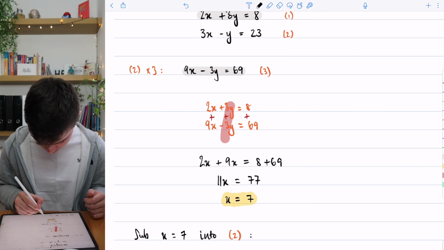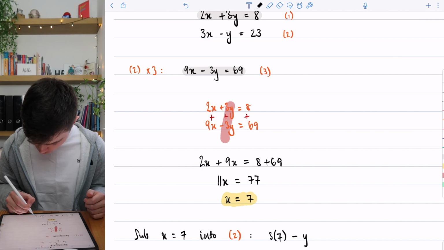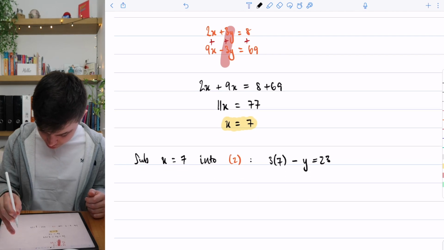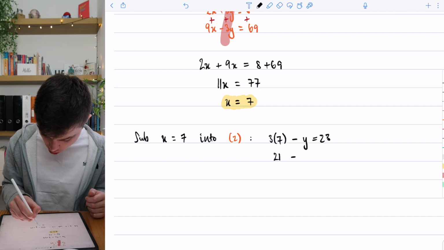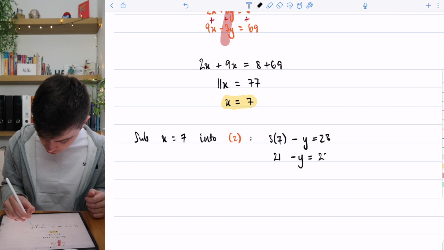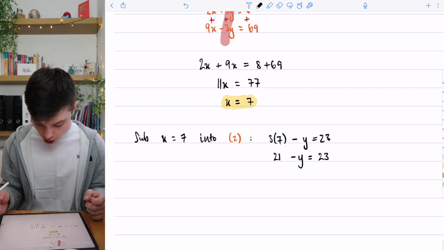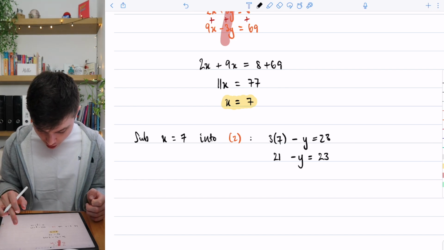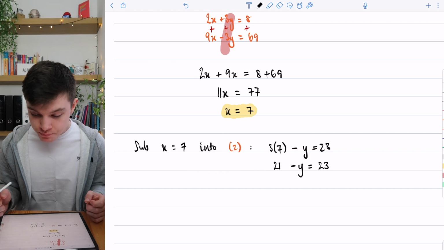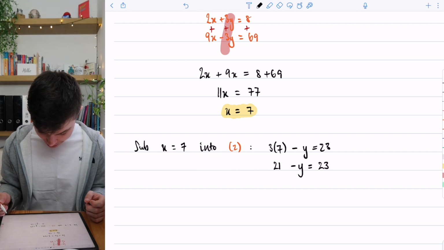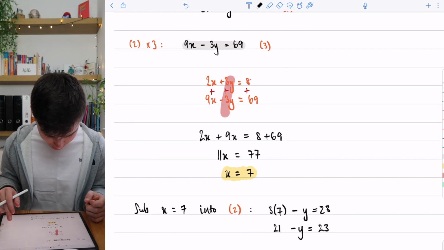We will have 3 times 7 minus y is equal to 23. That's 21 minus y is equal to 23. And then we could maybe see that straight off, that we know what y is, or we might not, doesn't really matter. But let me see what we get here. So we've just substituted that in correctly. Let me check.